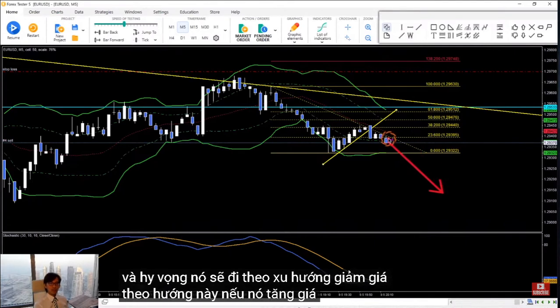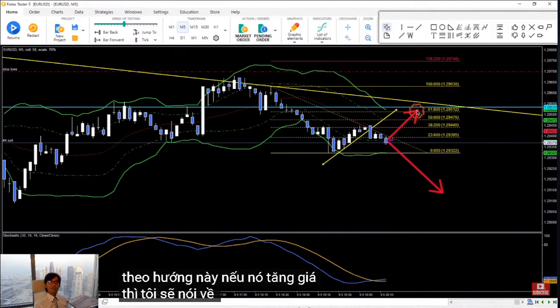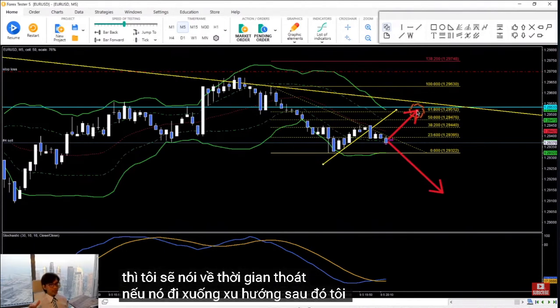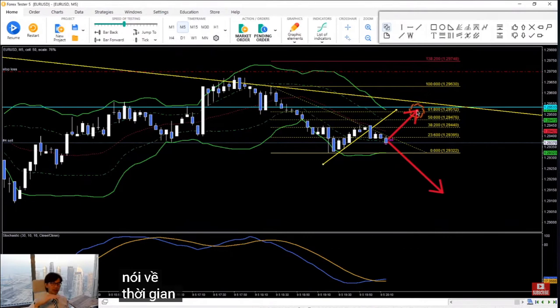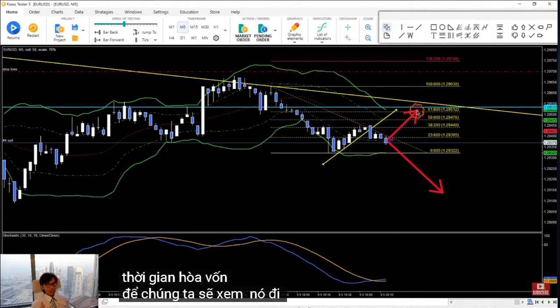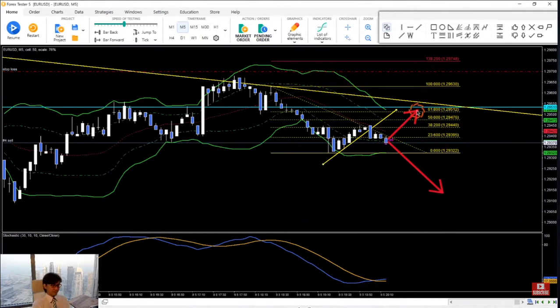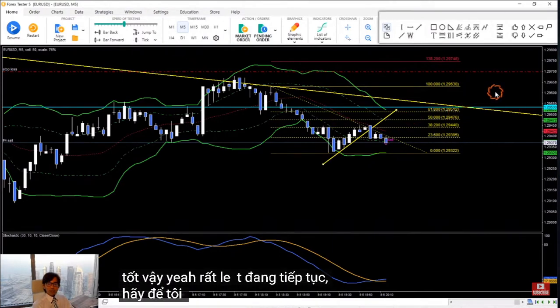If it goes bullish, then I will talk about the exit timing. If it goes downtrending, then I will talk about the break-even timing. So we'll see which way it goes. Okay, so let's move on. Let me move the candles one by one from here.